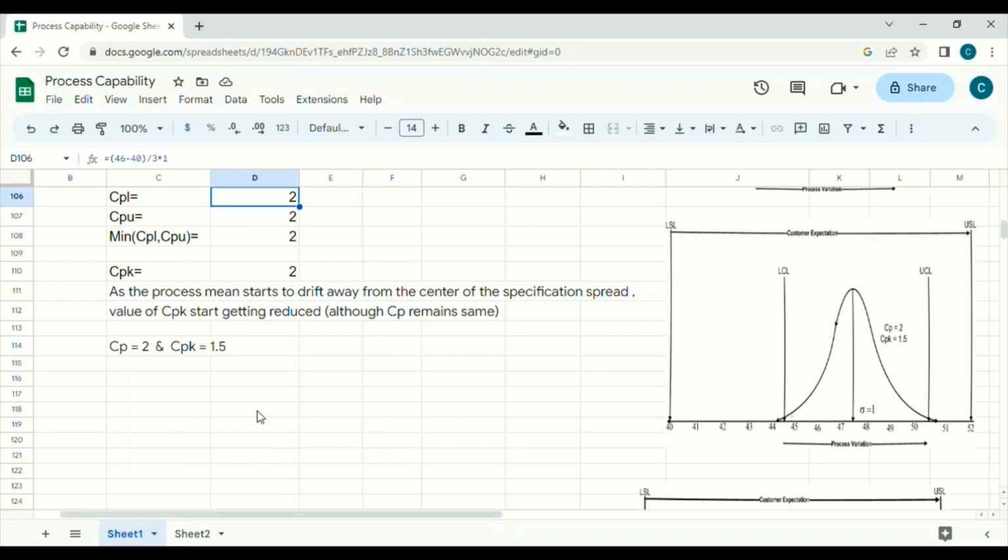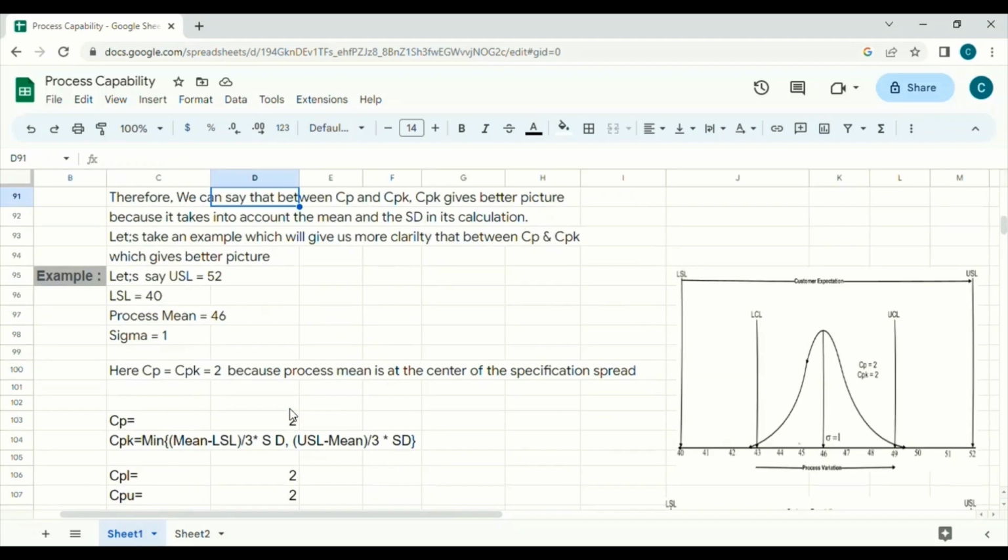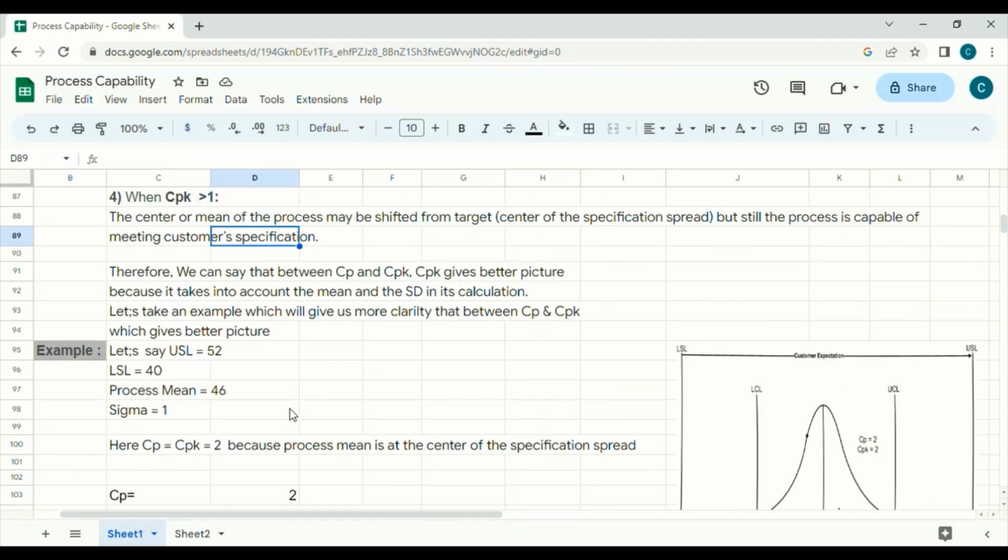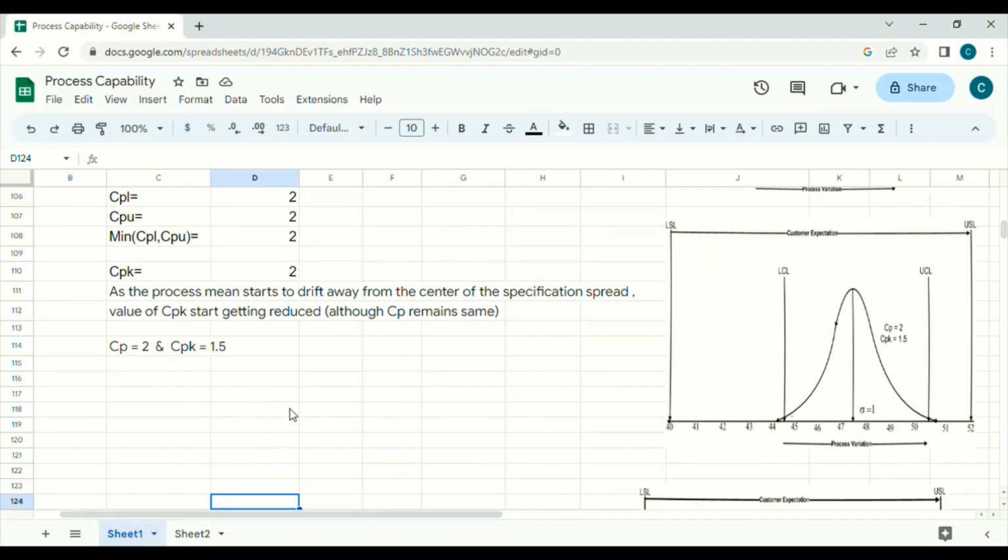That means whether the process is shifting away from the target or the process is at the target. So this was about the process capability, Cp and Cpk.